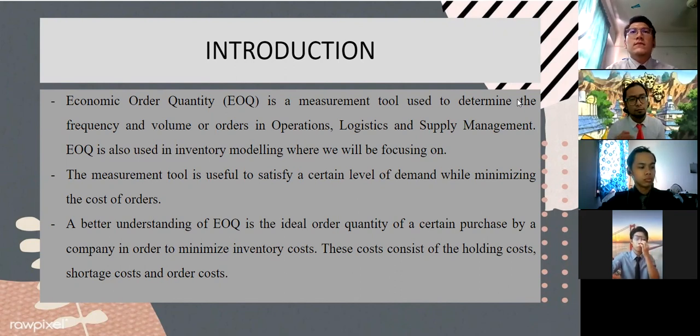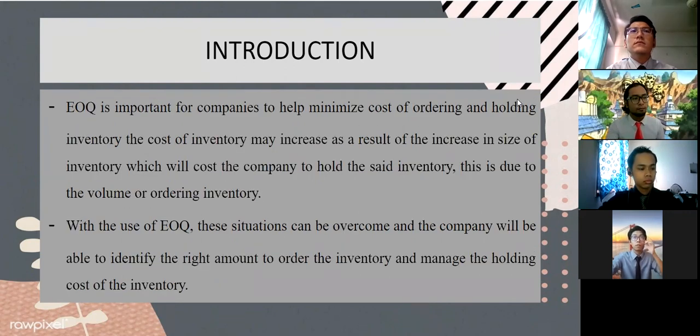Next slide. A little more about EOQ. It is important for companies to help minimize the cost of ordering and holding inventory because the cost of inventory may increase as a result of an increase in the size of inventory. So businesses that hold a lot of inventory, such as airports or warehouses, will definitely need EOQ to manage their inventory costs.